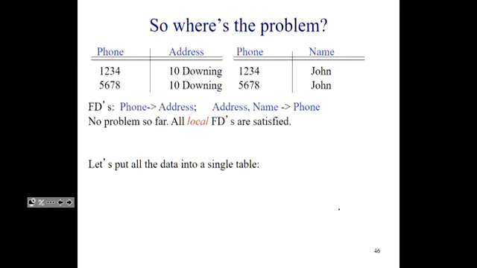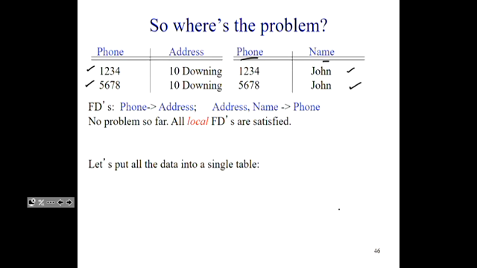So what happens then, right? Let's say I have this relation instance, which is phone address, has values 1, 2, 3, 4, 10 Downing, and 5, 6, 7, 8, 10 Downing, and the other relation with phone and name has tuples 1, 2, 3, 4 John and 5, 6, 7, 8 John. Okay.